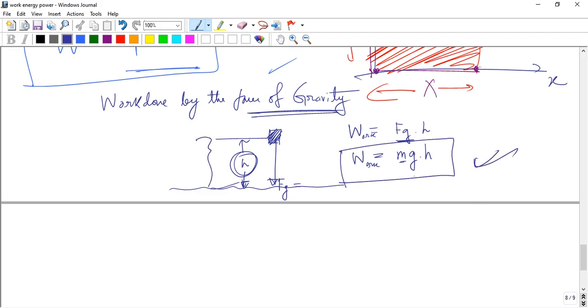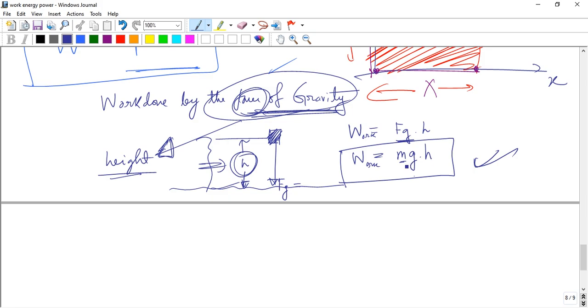So it depends on height h. Work done by the force of gravity depends on height, and the force is the gravitational force, or weight, that is mg. Very easy.